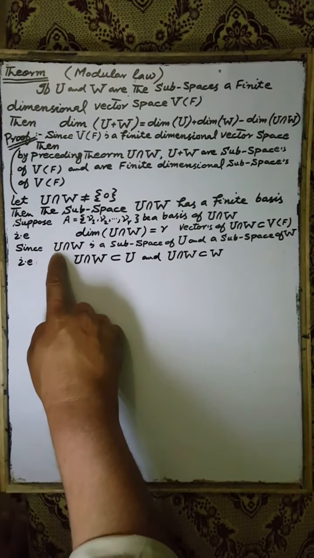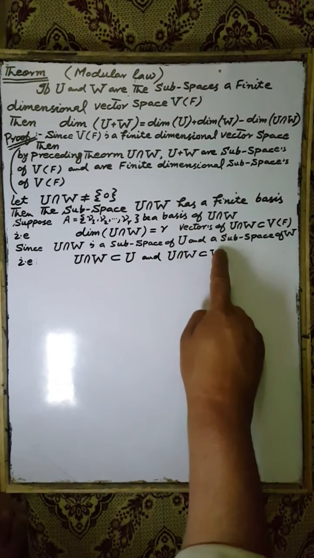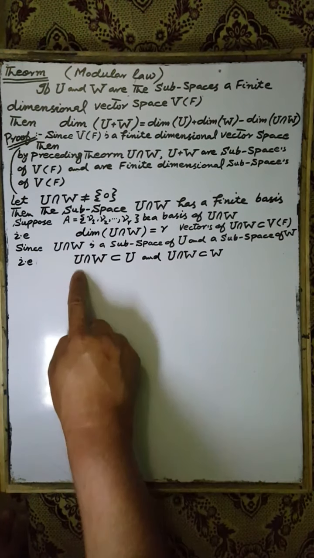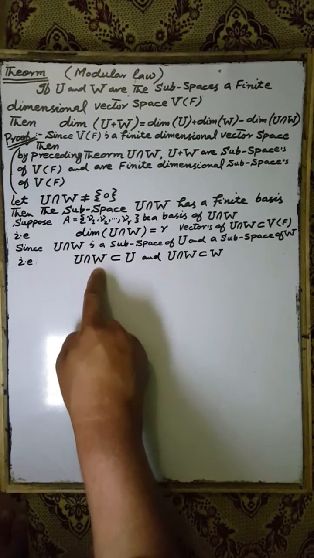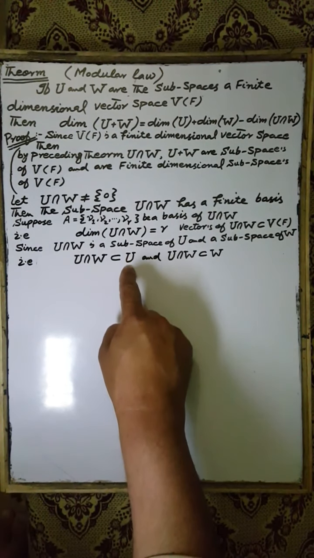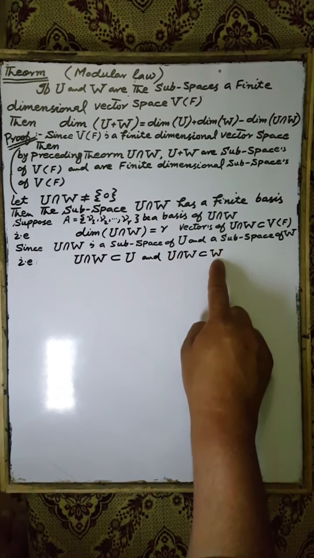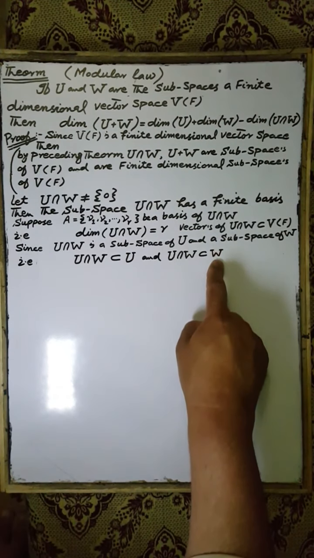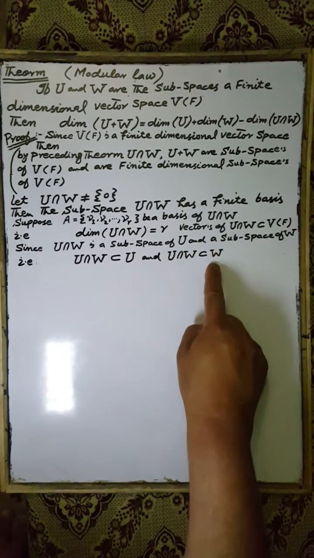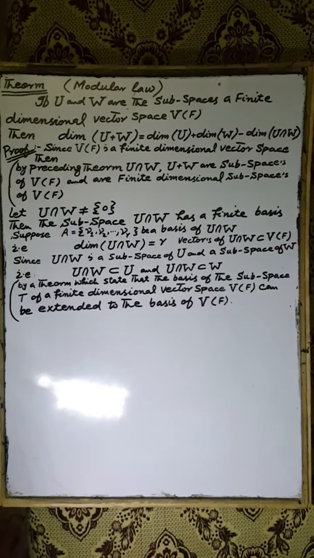Since U intersection W is a subspace of the space U, and U intersection W is also a subspace of the space W, such that U and W are subspaces of the vector space V over the field F according to the hypothesis.